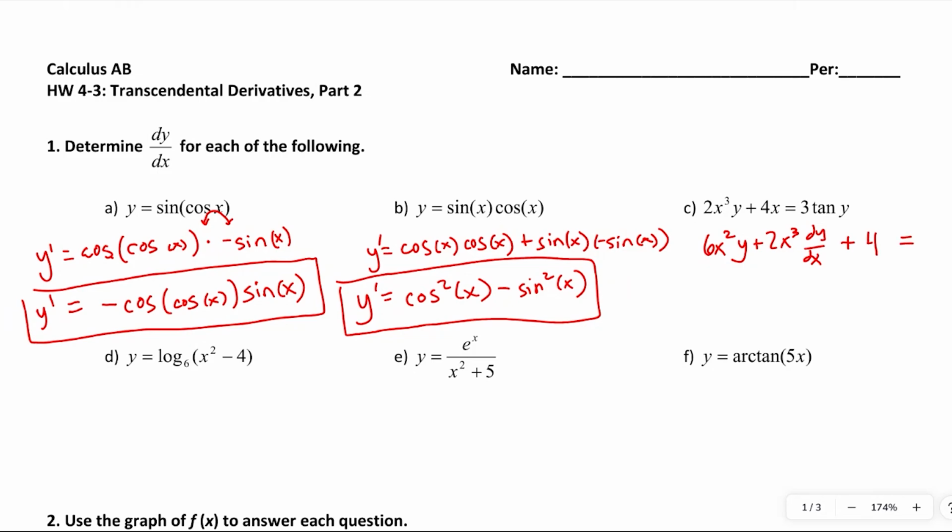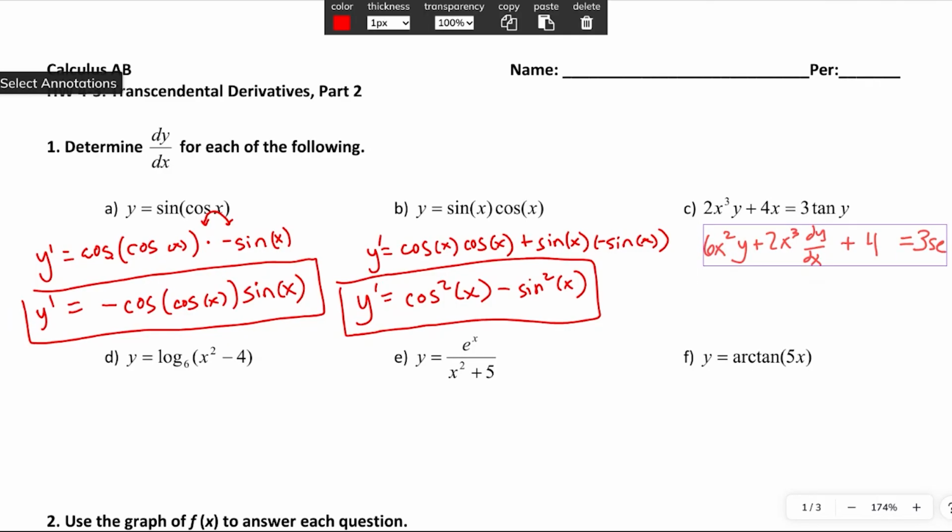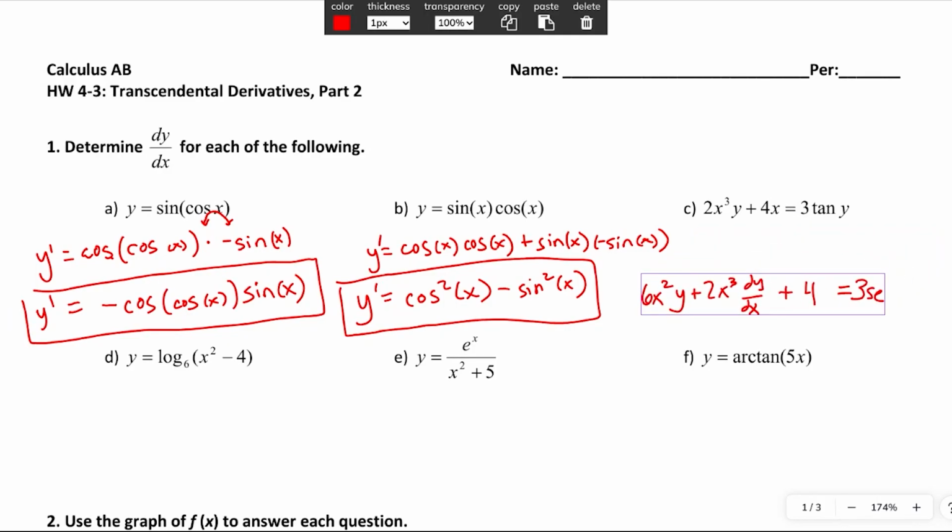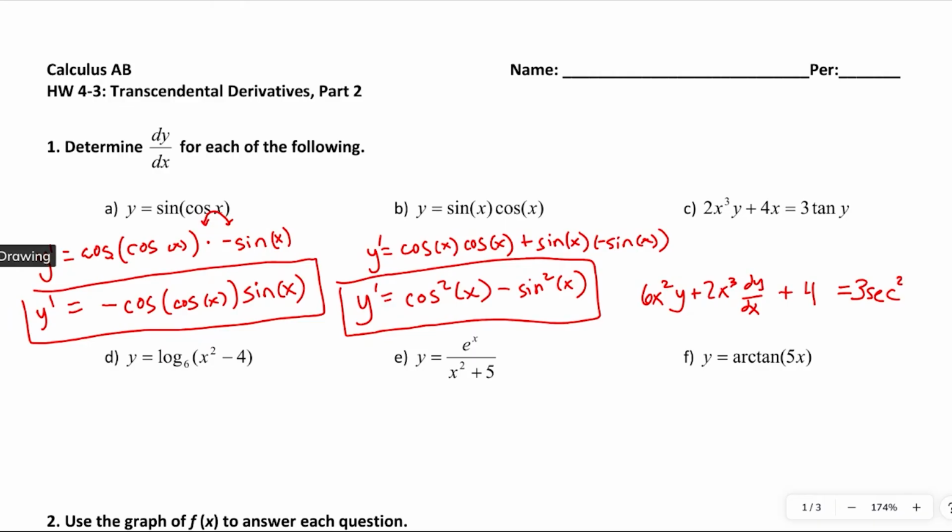And then we're going to differentiate 3 tangent y. So the derivative of tangent y is secant squared. Let me bring this out a little bit to the left here. It's 3 secant squared y times the derivative of y, which is dy dx.